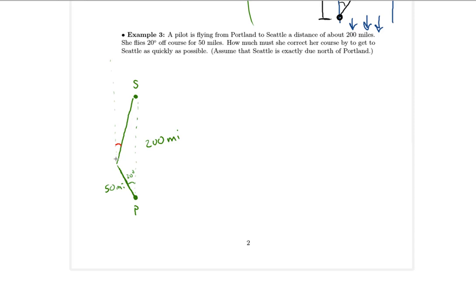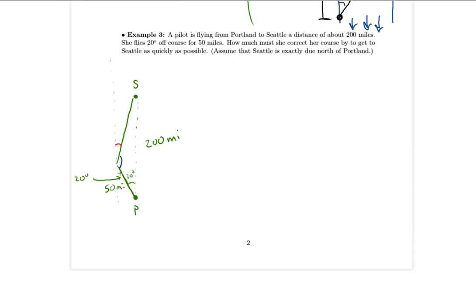The reason I think that would be helpful is because if I can just figure out what this angle is here, then I should be able to figure out the red angle. And the reason is because if it's 20 degrees here, because these north-south lines are parallel, this one also has to be 20 degrees.